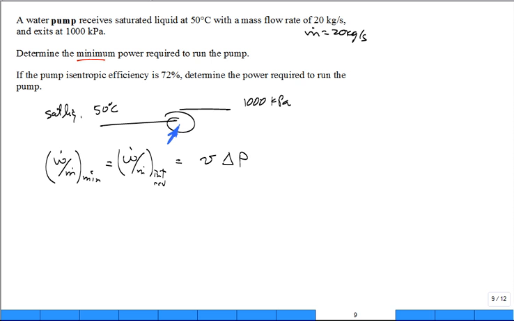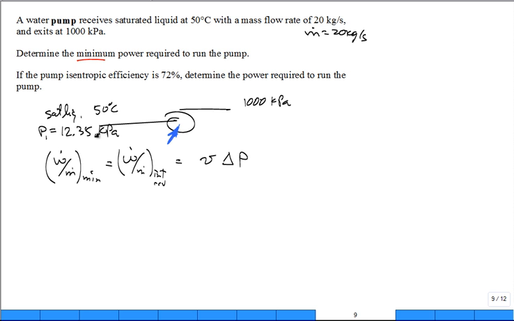So what is the specific volume? Well, first of all, what's the pressure that it comes in at? How do I find that pressure? It's the saturation pressure at 50 degrees C because it's saturated liquid, 12.35 kilopascal. All right, so there it is.